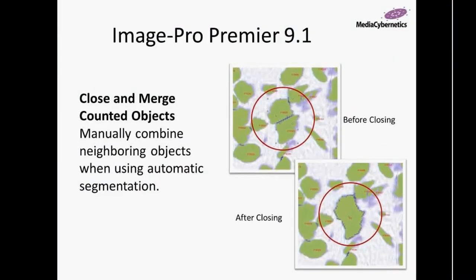All right, a couple of other features wrapping this up here. We've also added where you can either split or merge segmented or counted objects. So in this case, here's just a simple example. This is available in the Measure tab, the Measure ribbon. There are new features where, if you have things that have been split incorrectly, or it splits most of them, and there's a few that you need to join up, we can now run a close or a merge so that we can join those objects.